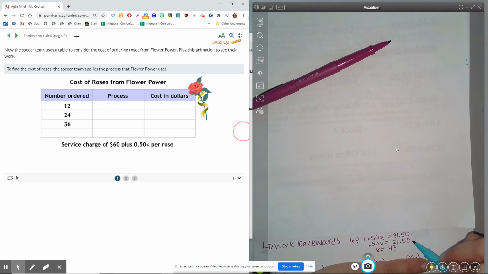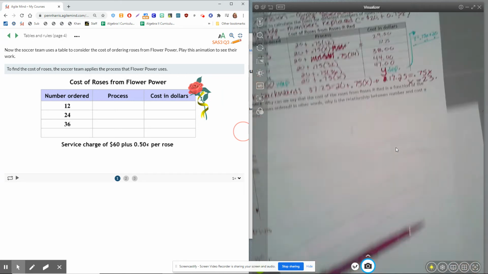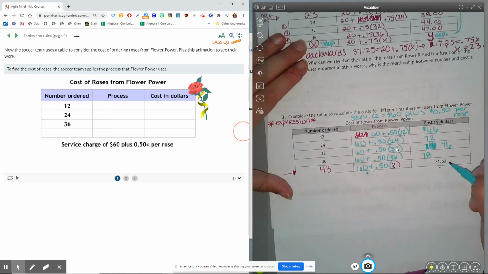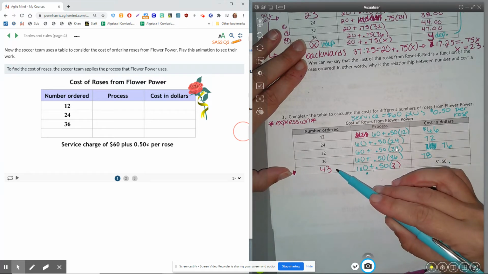Well, I just simply split this up, division, $21.50 divided by 50 cents. Don't forget to include that decimal, and I get 43. So again, I know that if I only have $81.50, I'm going to be able to get 43 roses.